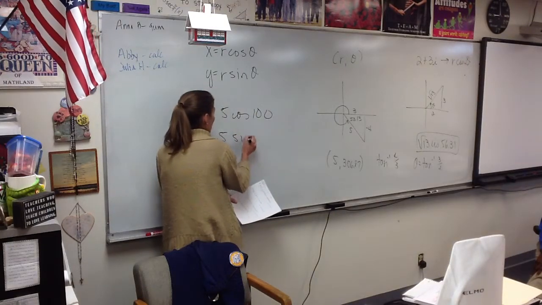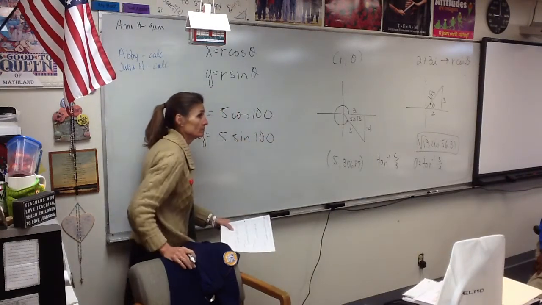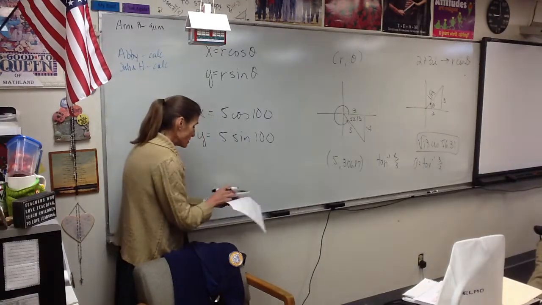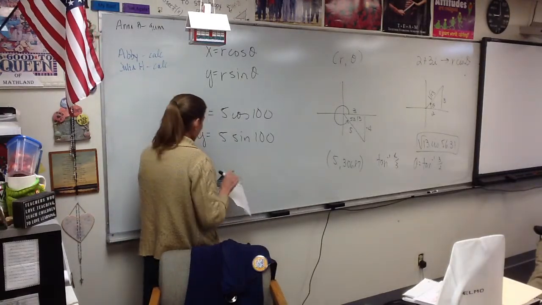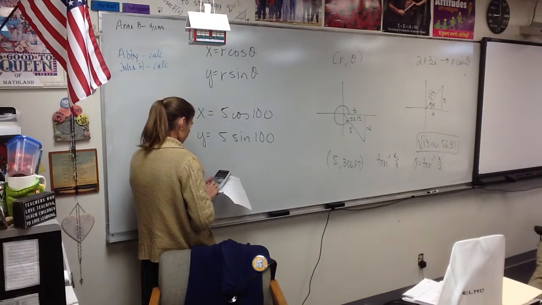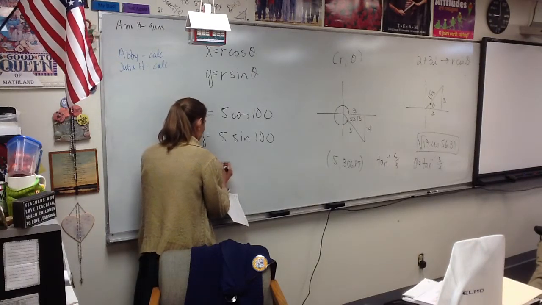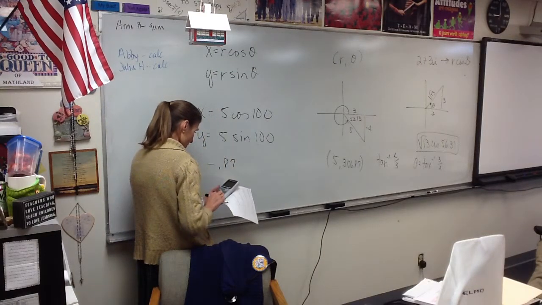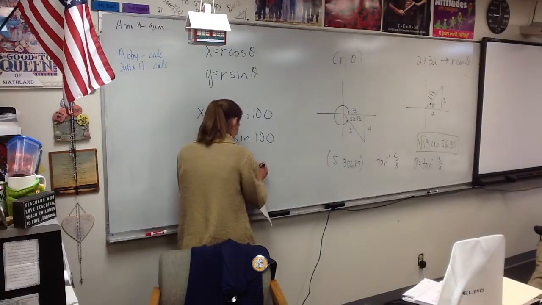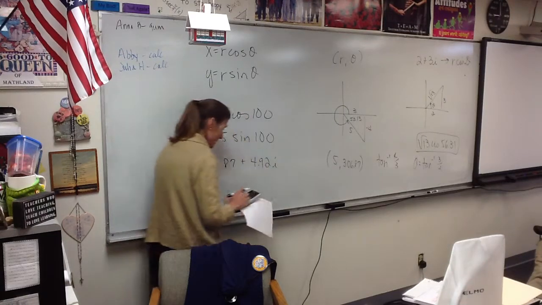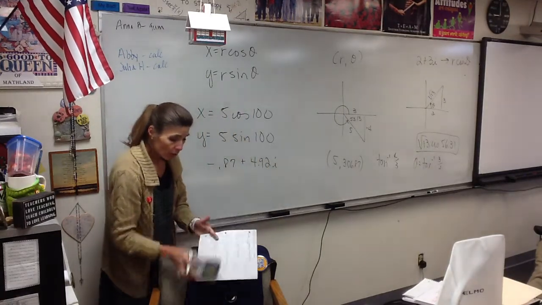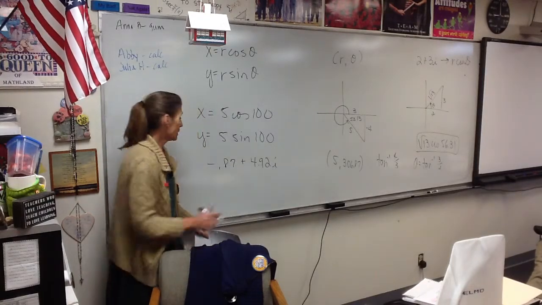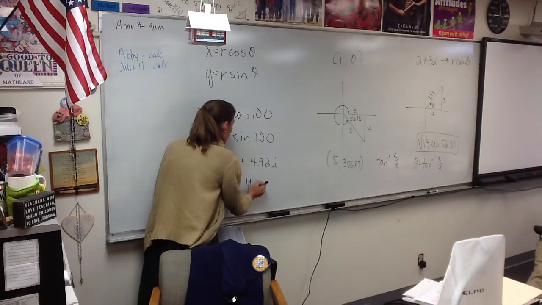And Y will equal 5 sine 100. Yep, that sounds about right. Now, when you write your answer, though, it's negative 0.87 plus 4.92i. When we write a number in rectangular or complex form, it's x plus yi.